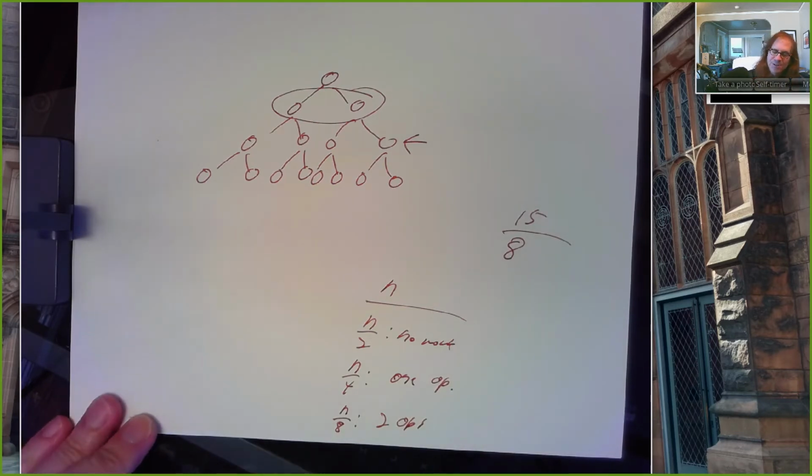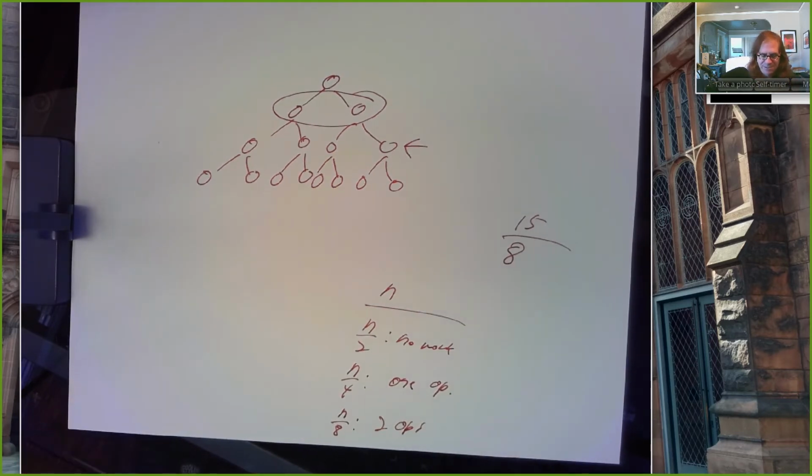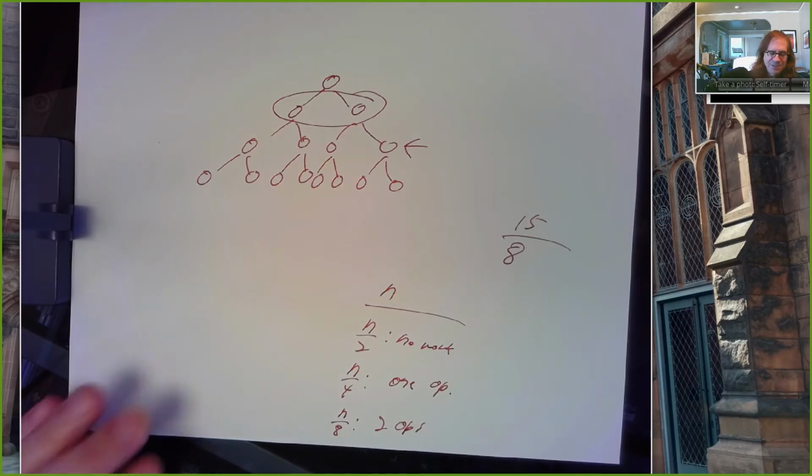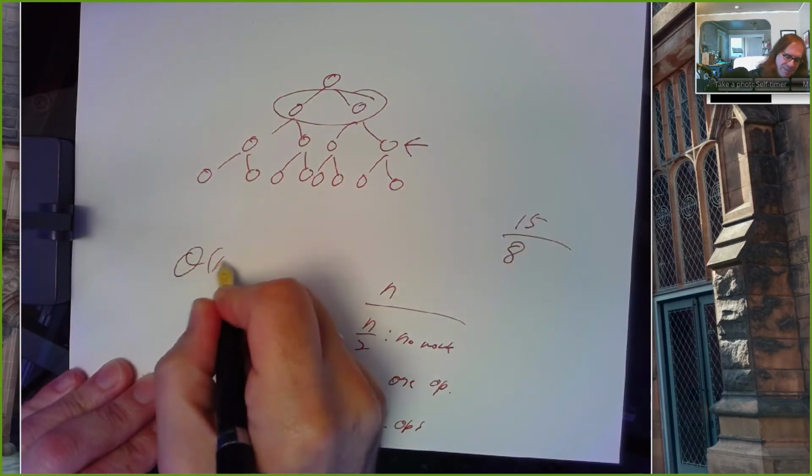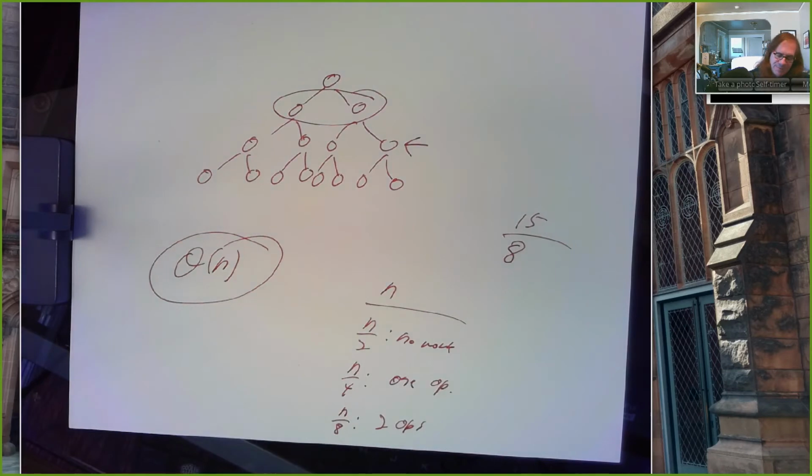So if you work this out and you do the infinite sums, this turns out to be order n, which is fabulous. So it takes you n operations to build a heap, and then if you want to find the largest number in that heap, that's 1 operation, and it's log n to readjust the heap.